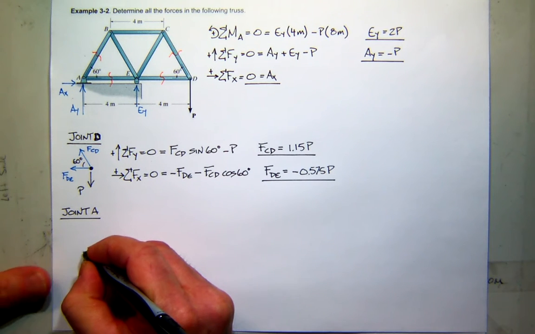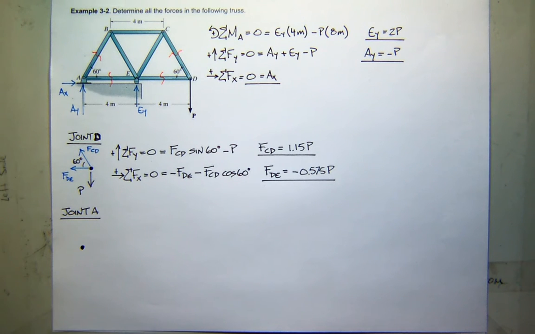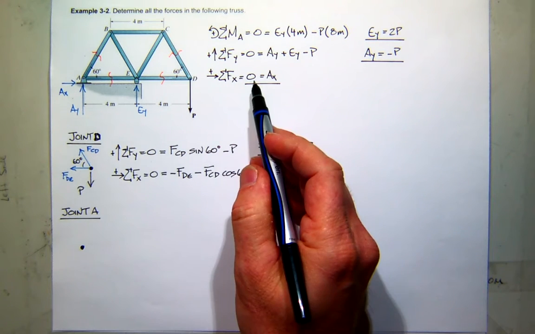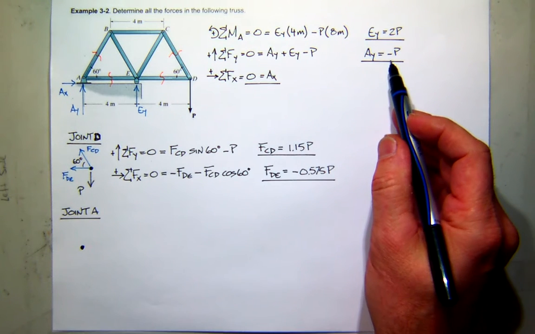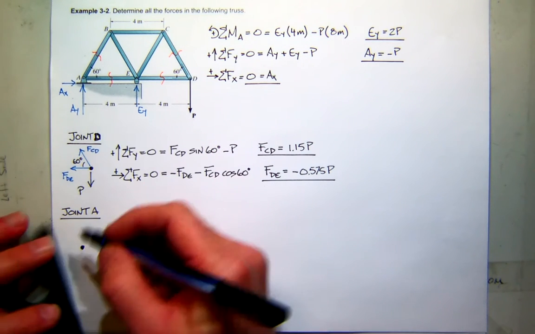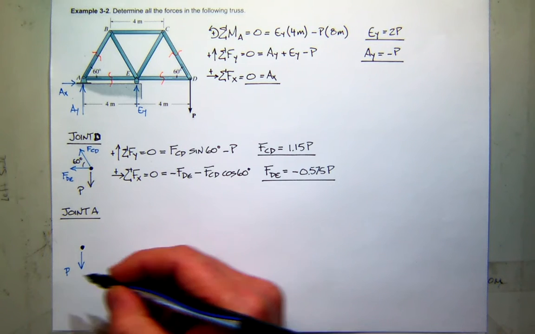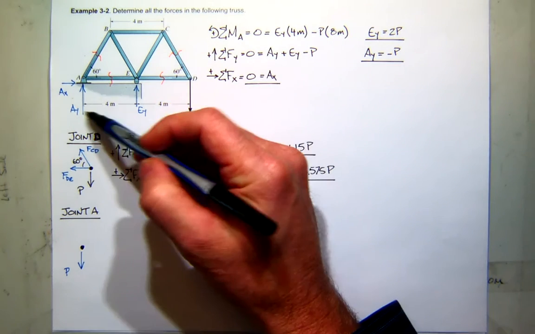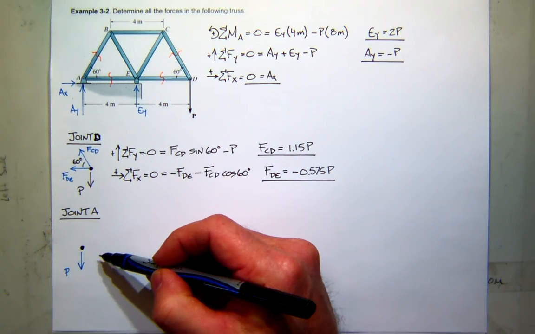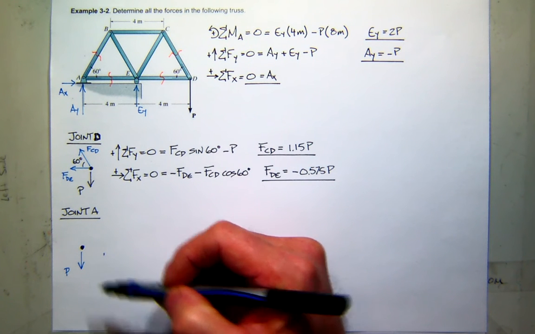So now I'm going to draw my free body diagram at A. I'm going to apply my forces. A_X was 0, A_Y was minus P. Now I assumed it was up, so what does that mean on the joint? It's actually down. Now some people say, oh, you're changing the direction. No, I didn't go back and change this. I'm drawing a completely new free body diagram, and I'm putting the forces that act on that diagram.